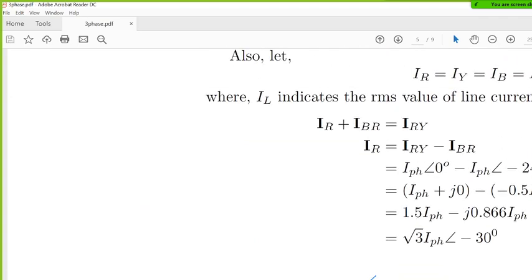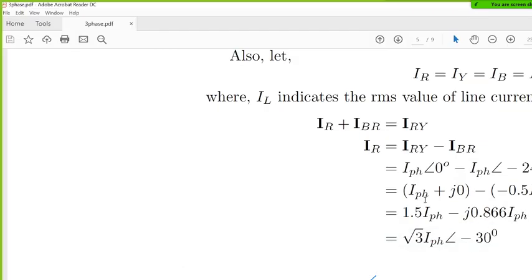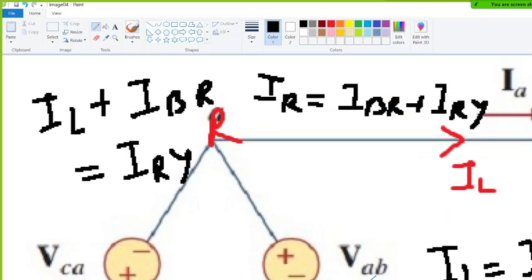That IR plus IBR equals IRY. Is this equation okay by using KCL? Yes, right? So from this figure, we can write this simple application of KCL. This is exactly what I have written here.